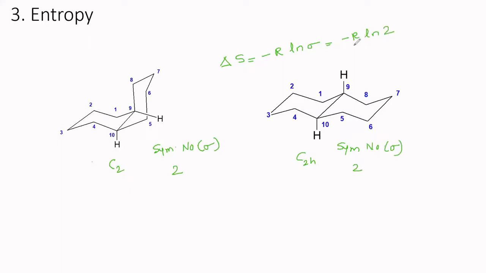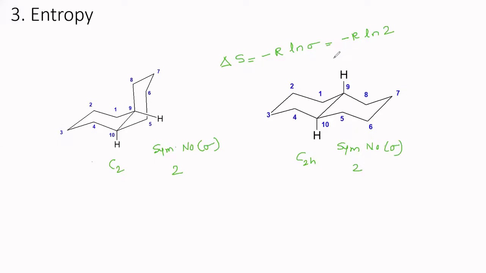Everyone knows the calculation; the value of R is 8.314. And ln, to convert log to the base e to log to the base 10, what do we multiply by? 2.303. So this will be 8.314 multiplied by 2.303, and log of 2 is 0.3010.